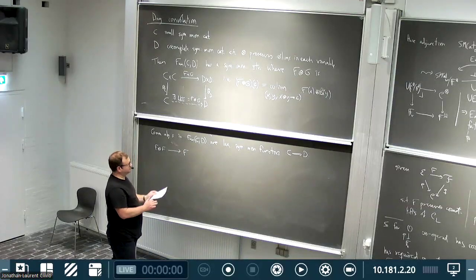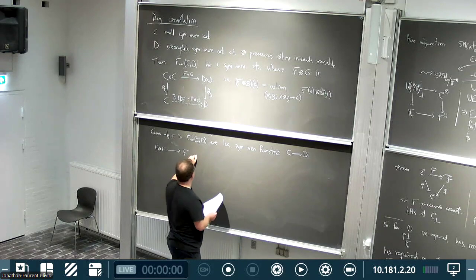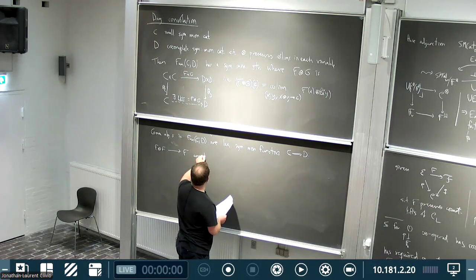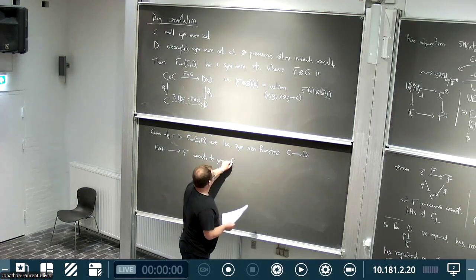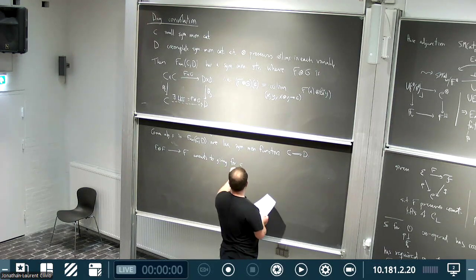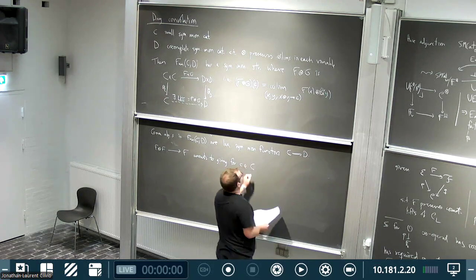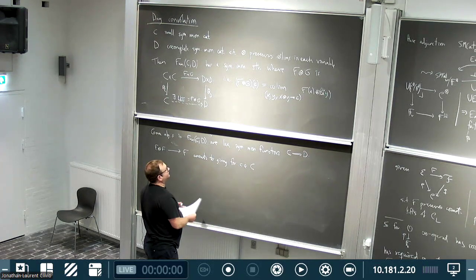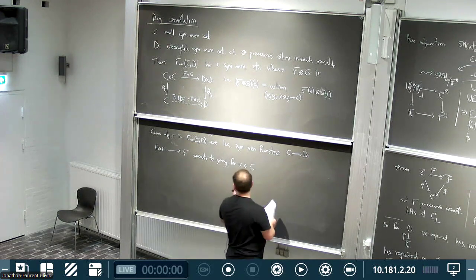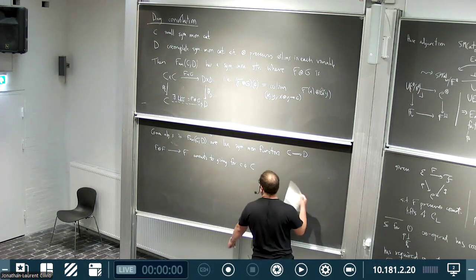And giving such a natural transformation amounts to giving, for every c in C, a map from this colimit to f of c. And then we're using the property of colimits.